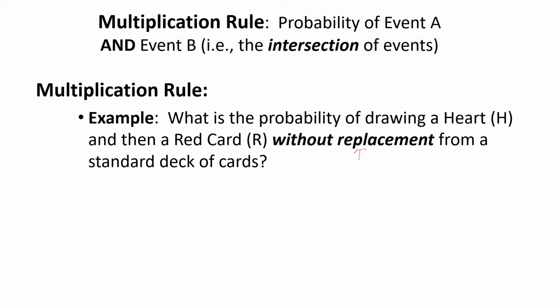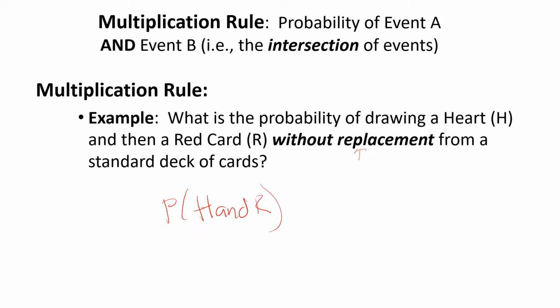We were talking about essentially two different things occurring at the same time. Now we're going to start talking about, well, what's the probability of getting two different things in succession? Like, what is the probability of drawing a heart and then a red card in succession? So that's where we're going to now have probability of heart and red.